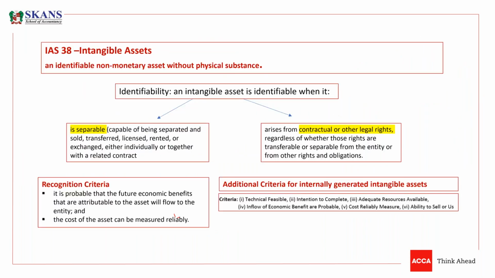Okay, now the last part is related to intangible assets. In intangible assets, we know that the recognition criteria should be met. The recognition criteria is that it should meet the definition of an intangible asset, the inflow of economic benefit should be probable, and the cost can be measured reliably.